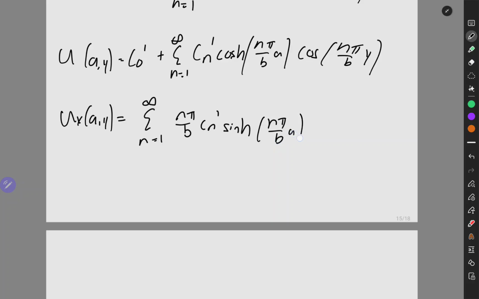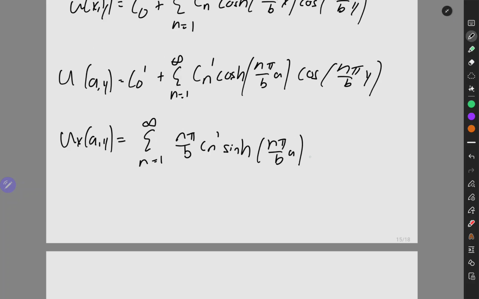N pi over b times a times, oh, I forgot. This is with respect to x. This is with respect to y. Times cosine n pi y over b. We know this is equal to f of y.